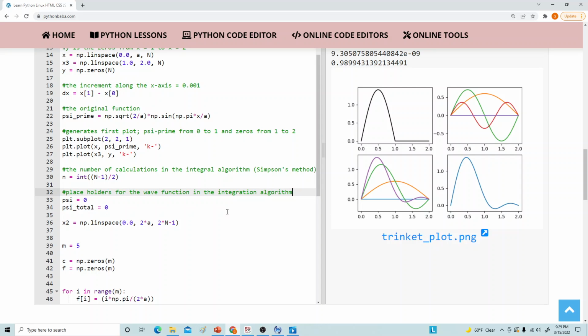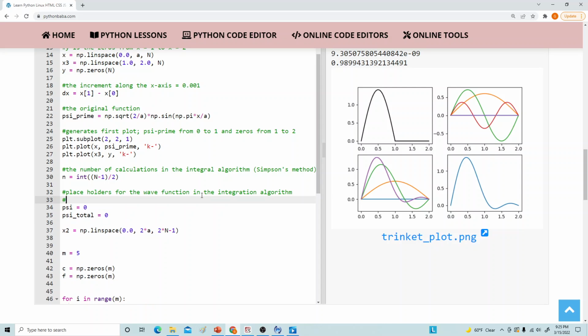So these are placeholders for the integration in the algorithm. Psi will calculate each individual wave, and psi total adds them consecutively.